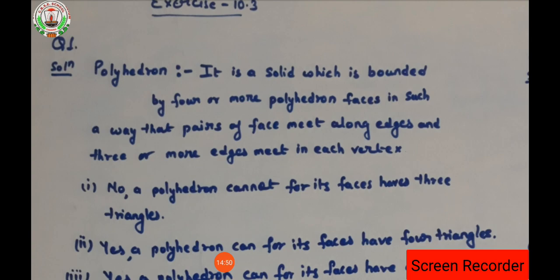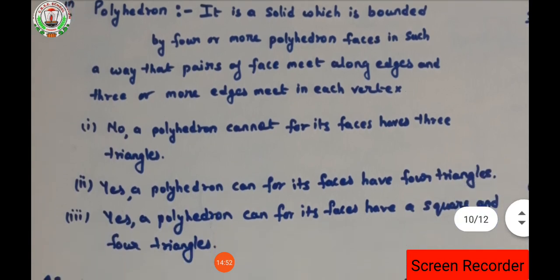So the first one: no, a polyhedron cannot have for its faces 3 triangles. That means if there are 3 triangles, can it be considered as a polyhedron? The answer is no. Then second, for 4 triangles, yes, it can be considered as a polyhedron.